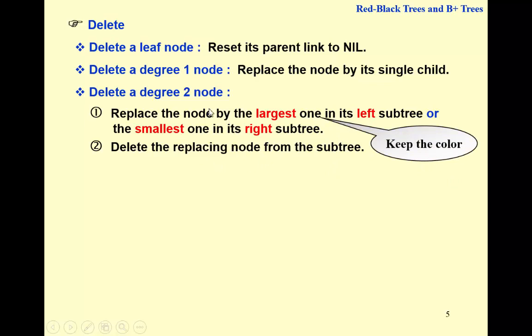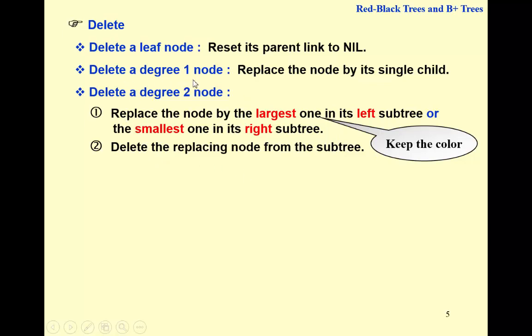So the whole point is that we don't want to change the black height of this tree. As long as the number of black nodes is not changed, we don't have to reconstruct the tree at all. So whenever it's possible, do not change the color of the node. Okay, so just replace this node by some other node and let's keep the color.